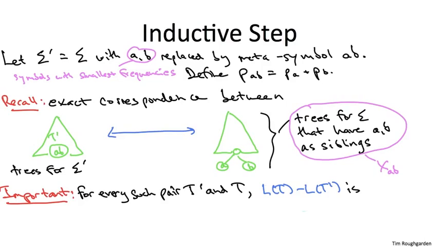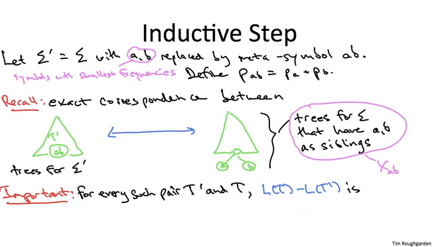Now remember, the average encoding length of a tree is just a sum over the symbols of the relevant alphabet, and what we've got going for us here is that sigma and sigma prime are almost exactly the same, right? The only difference is sigma prime has the meta symbol AB, whereas sigma has the individual symbols A and B. Furthermore, the two trees, T and T prime, are almost exactly the same.